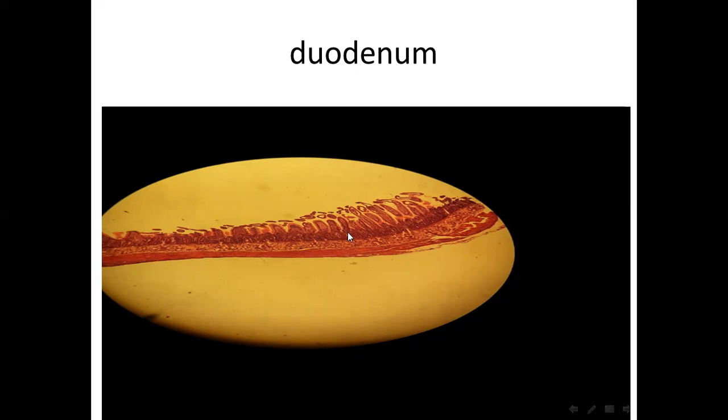At the duodenum, as usual, يعني طبعا نفس الشيء بالنسبة لبقية الparts duodenum, jejunum and ileum, composed of four layers: mucosa, submucosa, muscularis externa and the serosa.